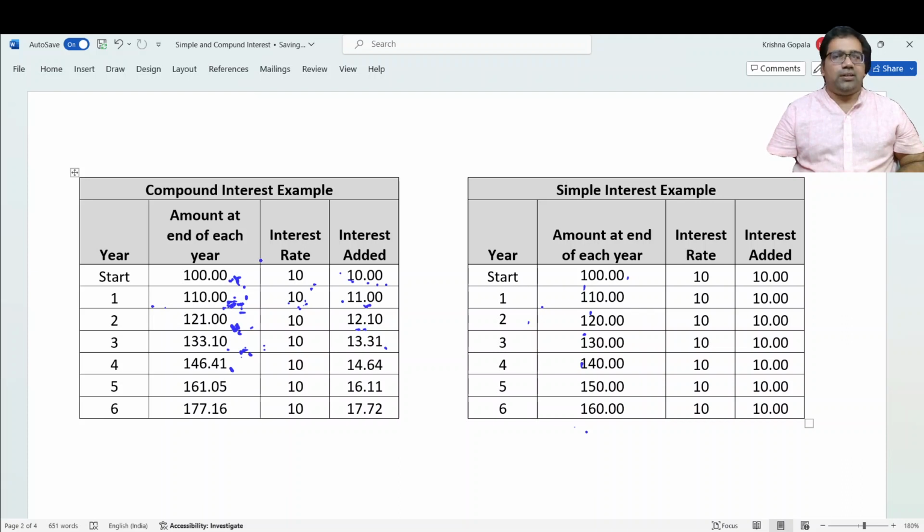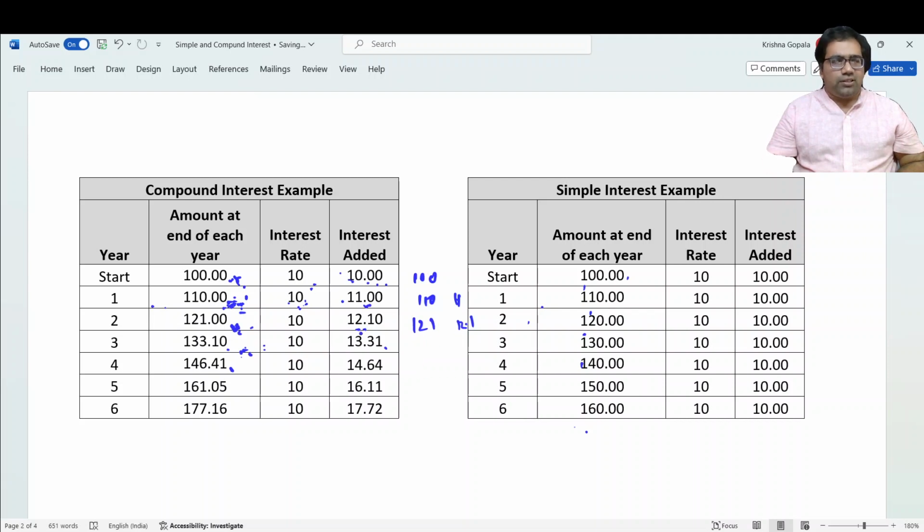So we start with 100. In the first year, we add 10, so at the end of first year it becomes 110. At the end of second year, you add one more 10% of this 110, which is 11. At the end of second year, it becomes 121.